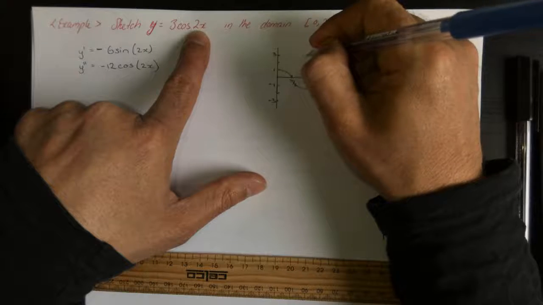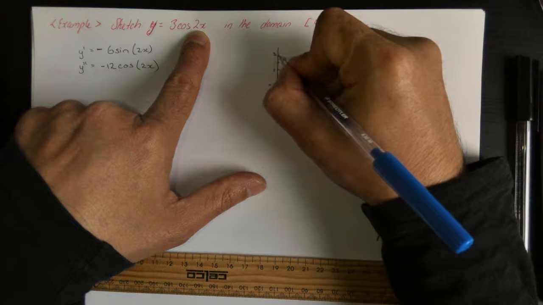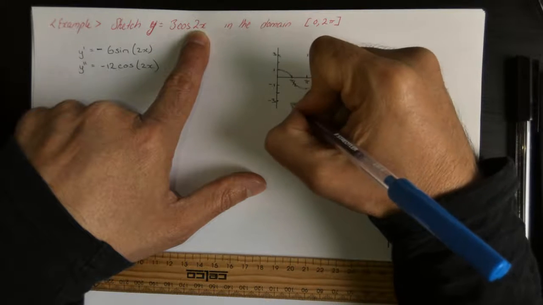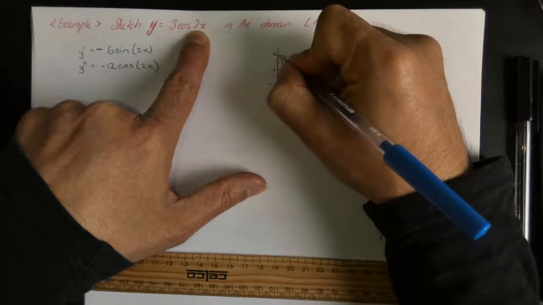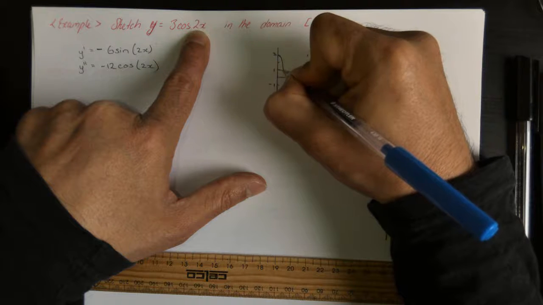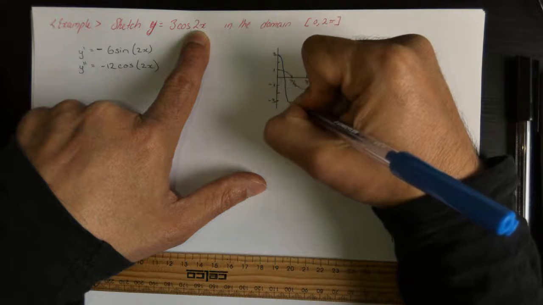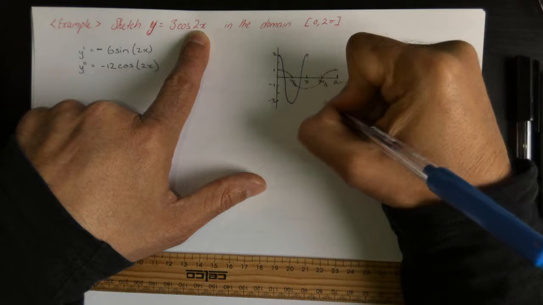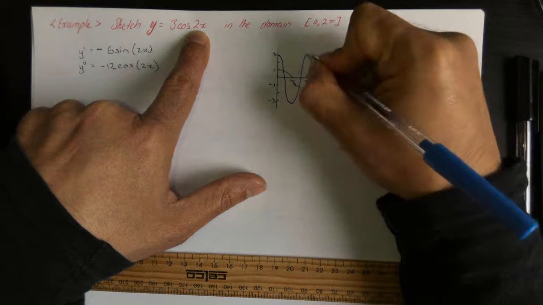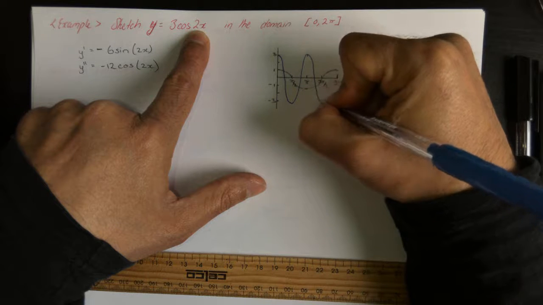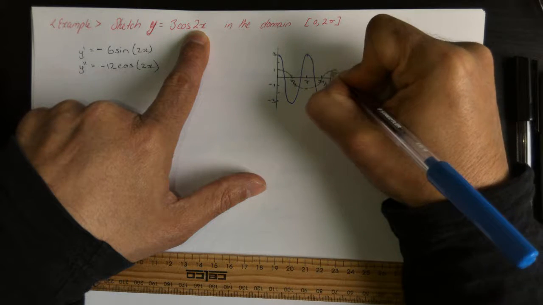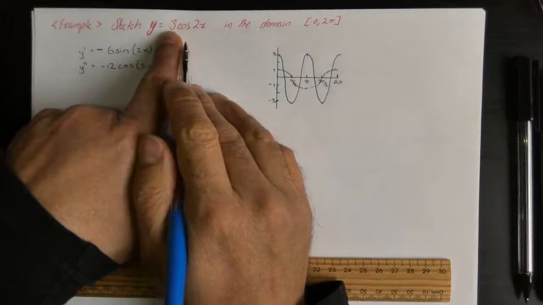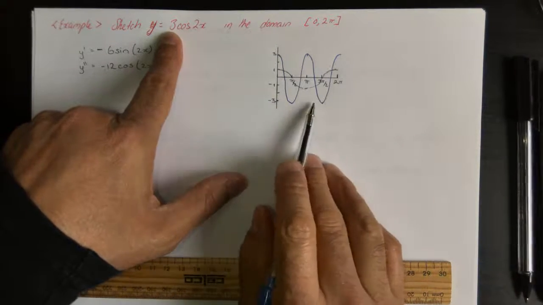So the pattern will happen twice. So even without using calculus, we know that the curve y equals 3 cos of 2x looks like this.